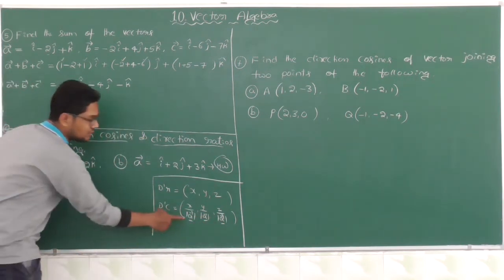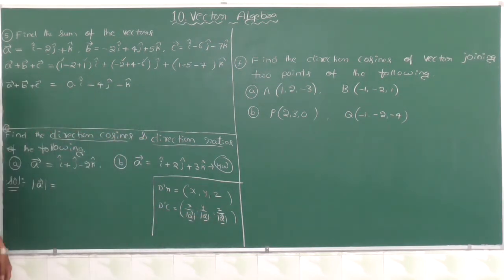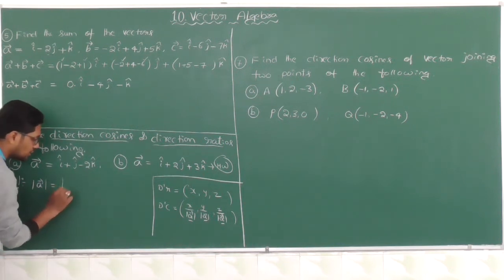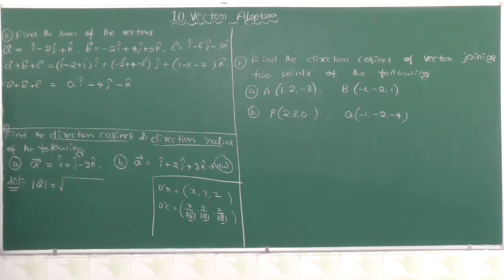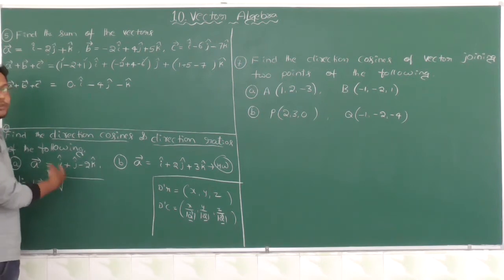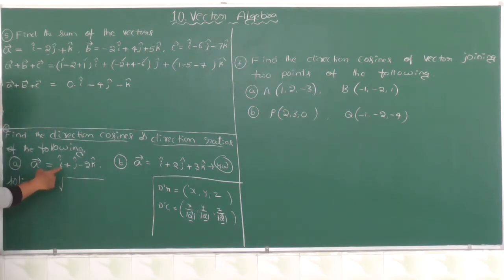For direction cosines, we need the magnitude of vector A. So we just find the magnitude of A vector. We know that the magnitude of a vector is the square root of the sum of the squares of its scalar components.